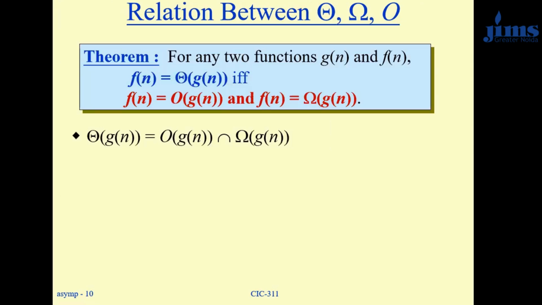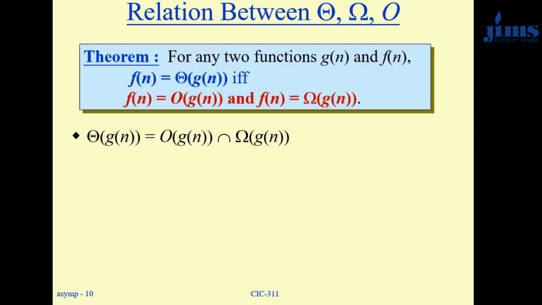Now, as we have discussed earlier also, if Fn equal to theta of Gn, then Fn will be big O of Gn also, and Fn equal to omega of Gn also. Why so? Interpret it carefully: Fn equal to theta of Gn says that Cgn is acting as an upper bound and also a lower bound.